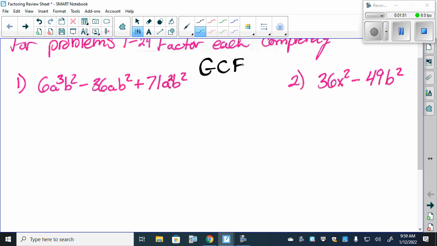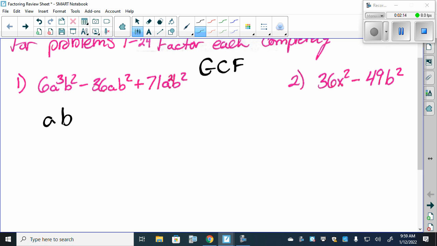So we look at this first one here, 6a cubed b squared minus 36a b squared plus 71a squared b squared. We know for certain between these three there is a greatest common factor, because they all have a and b.